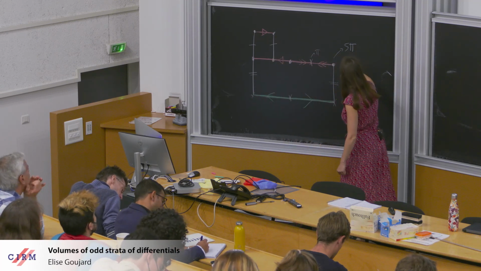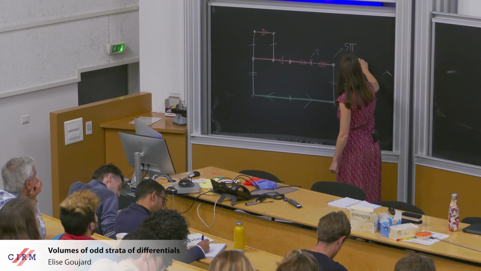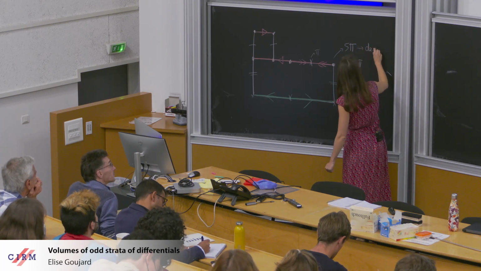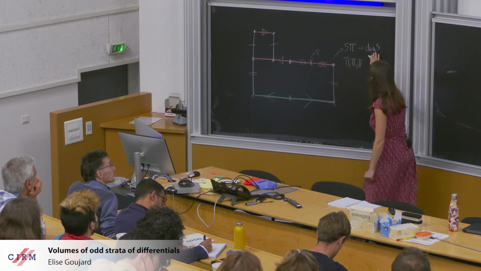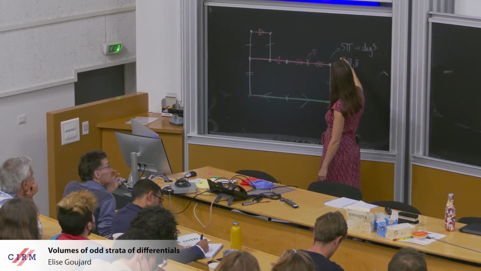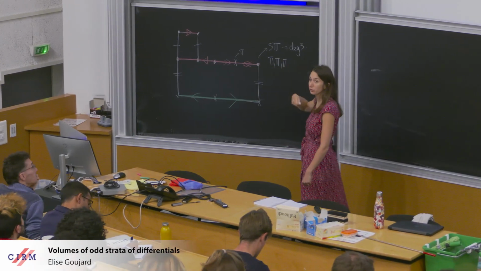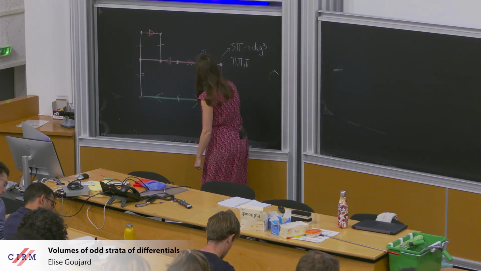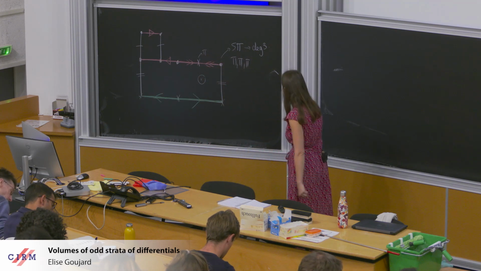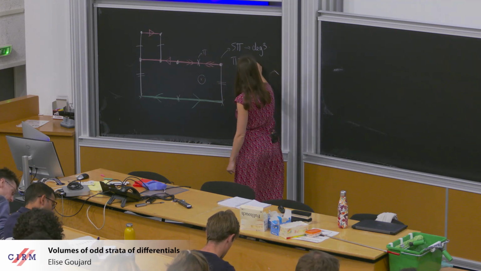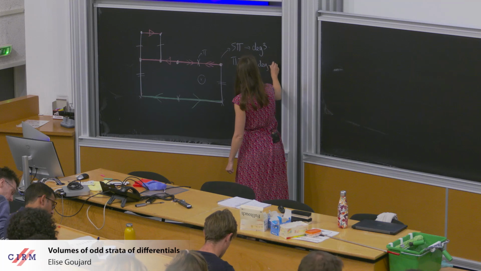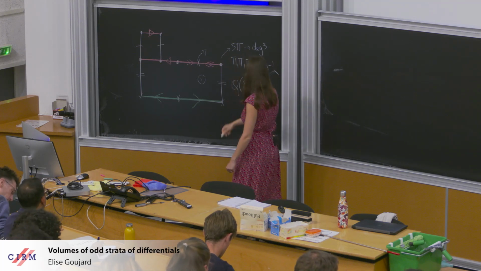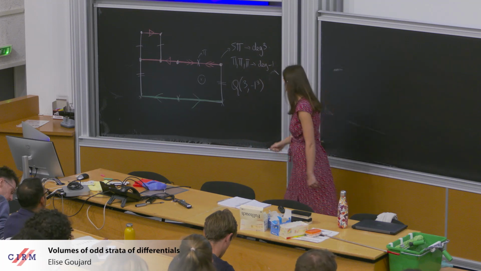So you get one singularity of angle 5 pi, which is degree 3. So the degree of the singularity, I just recall that it's a number of additional half turns that you do with respect to an ordinary flat point in the plane. So this is degree -1. So you are in the stratum Q(3, -1^3), which is genus 1, as you know.